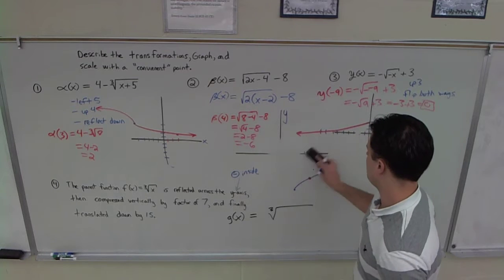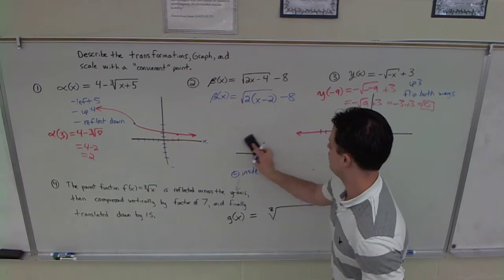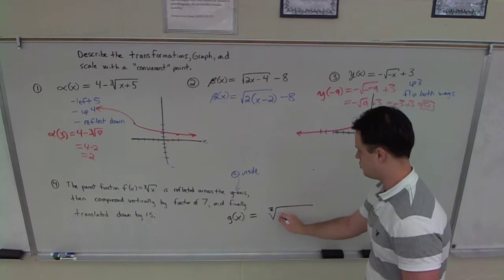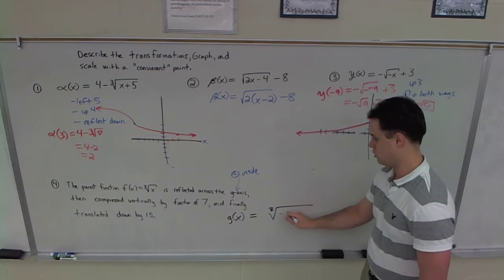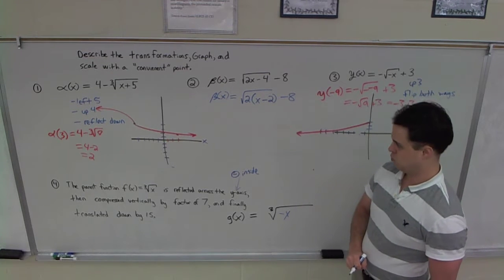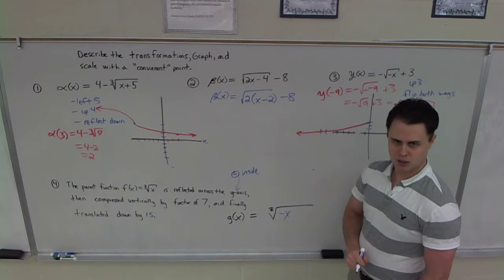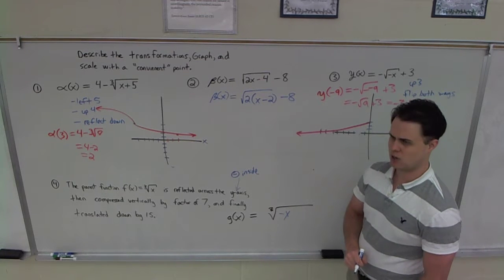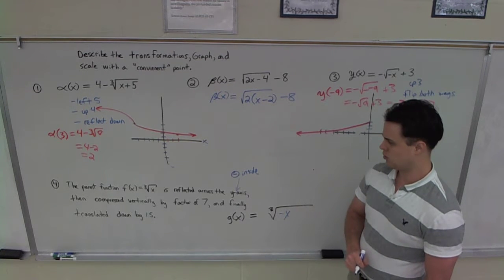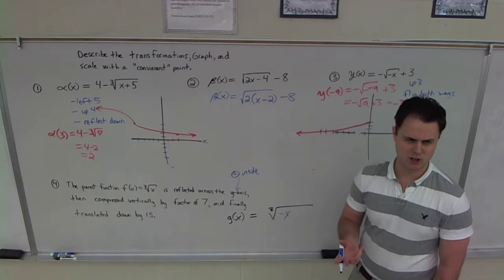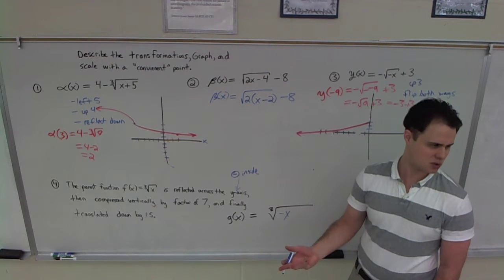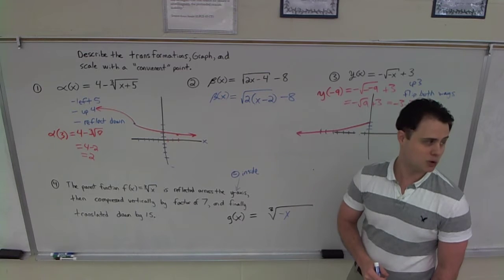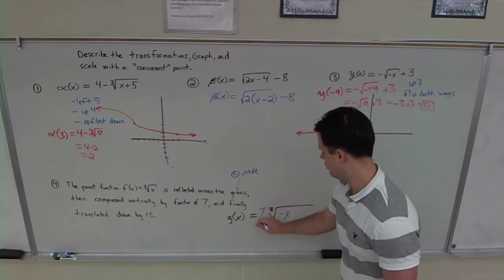Get some of this other stuff out of the way just to remove some of our clutter. Okay, so negative inside. I'll just put an x in there for good measure. Then, I'm supposed to vertically compress it by 7. Well, it's vertical, so that should be outside, right? Like multiplying stuff, adding stuff, what? Multiplying stuff. So like 7?